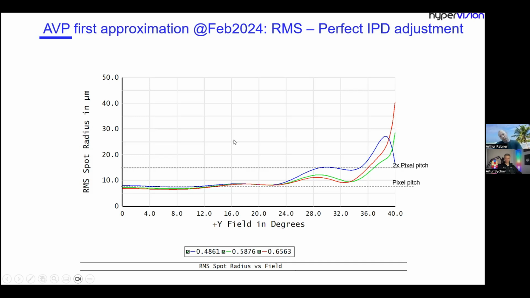If you take one pixel of 7.5 microns, we see that the RMS could follow one pixel up to 24 degrees, and then it's rising up. And from our experience, we know that up to 2 pixels RMS, you can expect a sharp vision user experience.